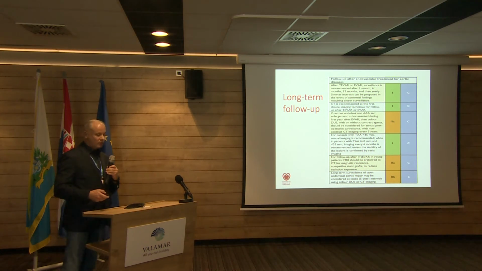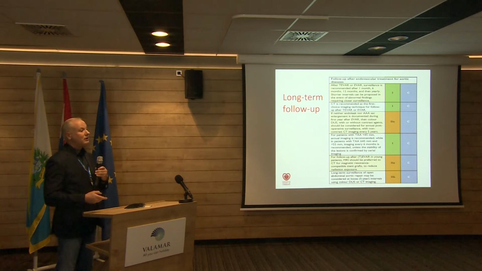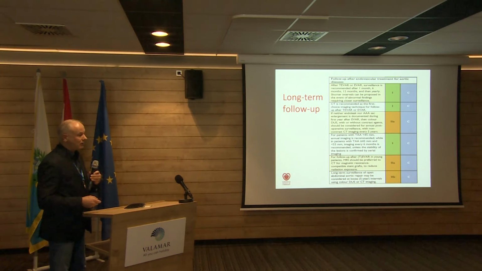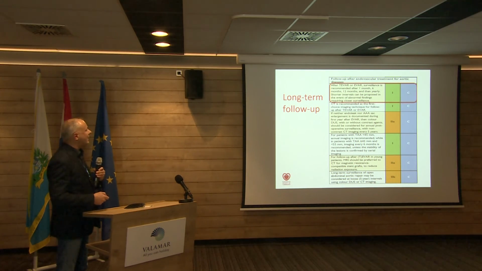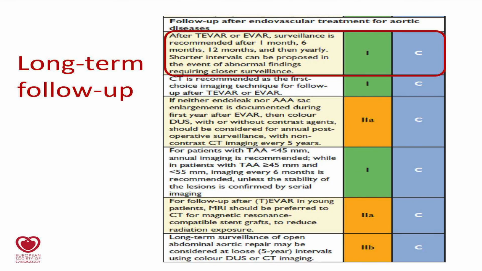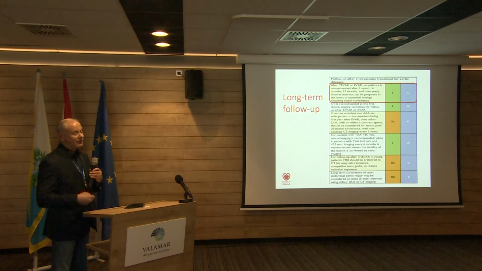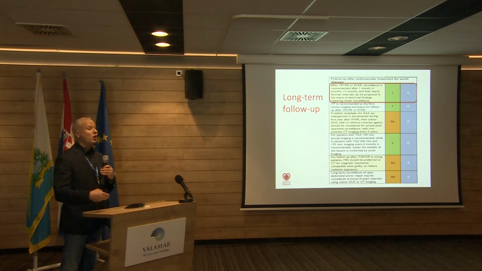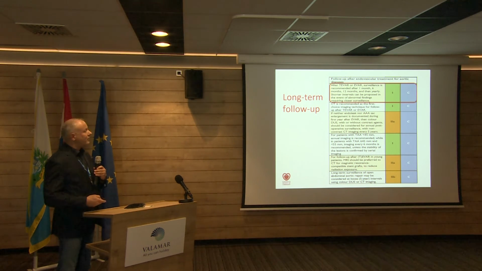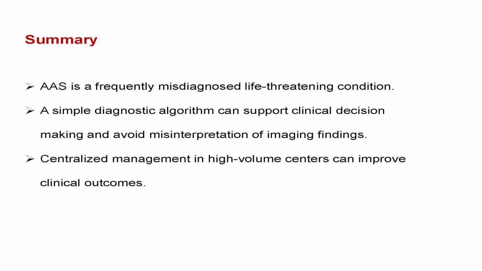Regarding long-term follow-up, when we cure with TEVAR or classical surgery of type A dissection, these patients have to have lifelong surveillance at 1, 6, and 12 months, then yearly, with imaging techniques, primarily CT angio or MRI. So these are our patients for life.